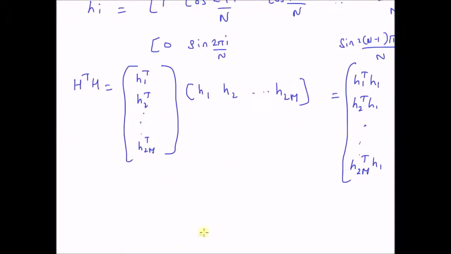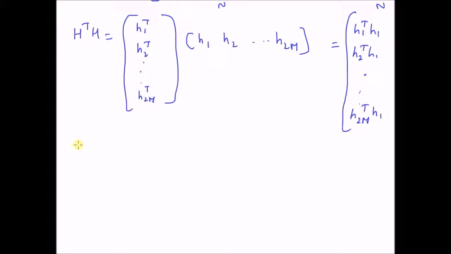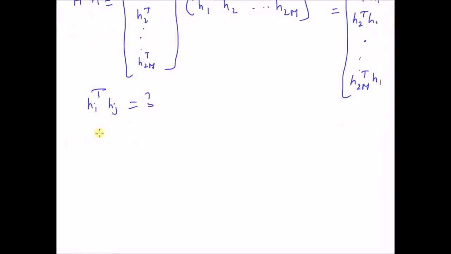Now we have to determine the value of h_i transpose h_j, where i takes values from 1 to 2m and similarly j also takes values from 1 to 2m. So we have to find this product. From a previous video we have already shown that since h_i and h_j are basically cosine vectors and sine vectors, the dot products of these vectors are defined as follows.